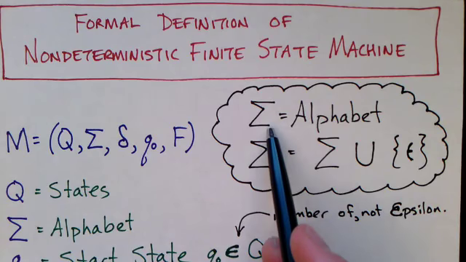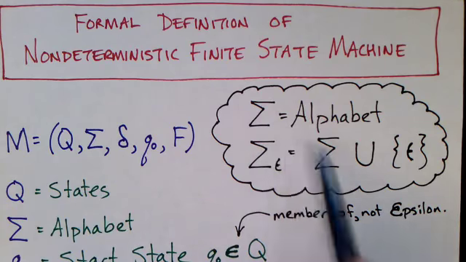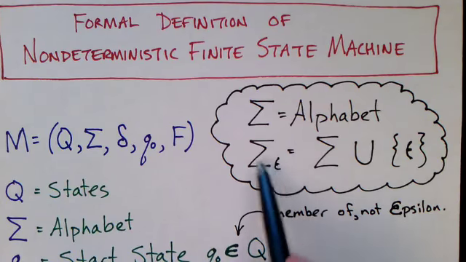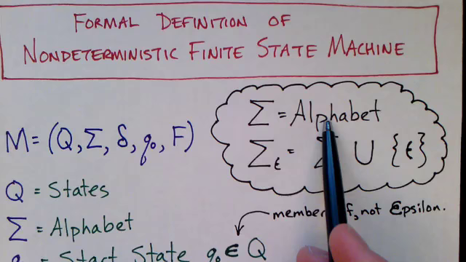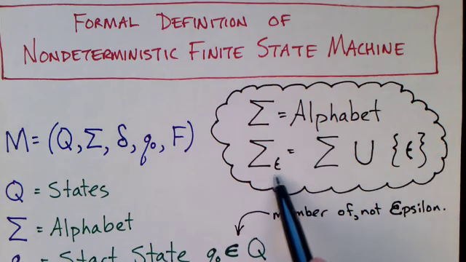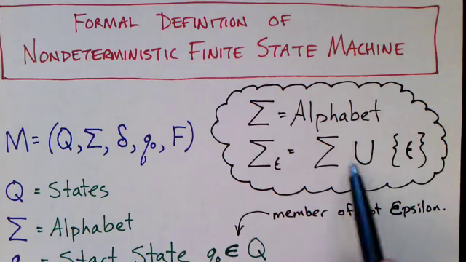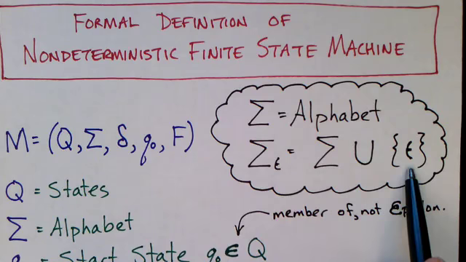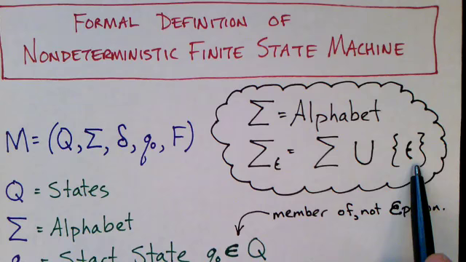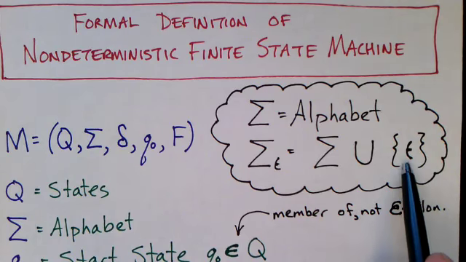In this slide and throughout these videos, we're going to use this notation. If sigma represents our alphabet of symbols, then we're going to use a subscript of epsilon, sigma sub epsilon, to basically say we're augmenting sigma by adding epsilon to it. So sigma union the set of epsilon. So we're adding epsilon.